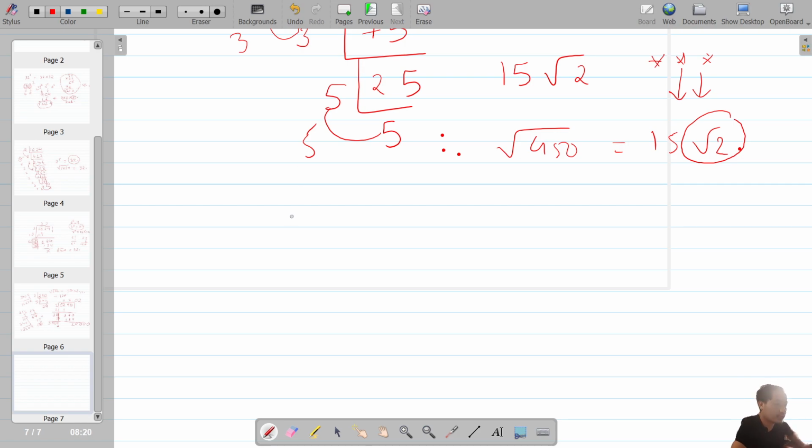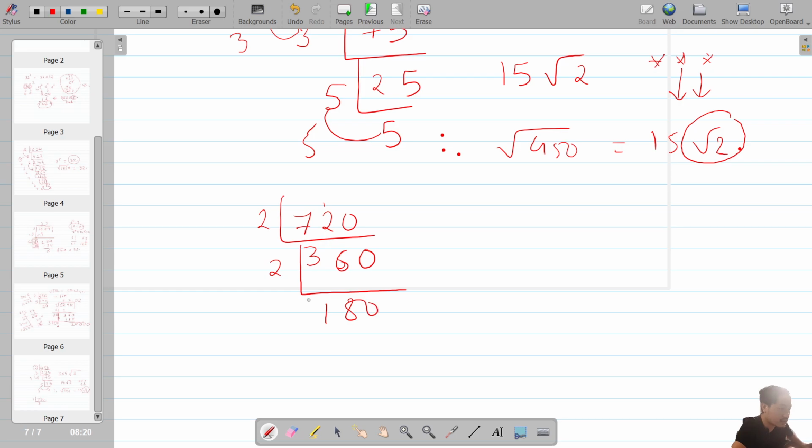Say again, let me take 720. Same, 2 3s are 6, 2 5s are 10, 2 3s are 6, 7, 2 6s are 12, sorry. Then 2 1s are 2, 2 8s are 16, 2 90s.